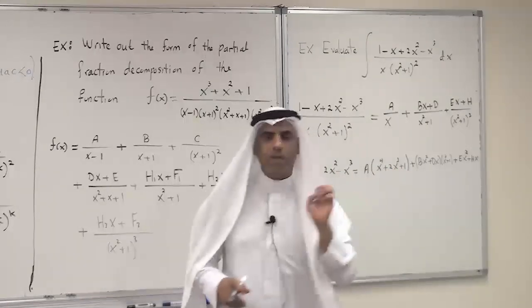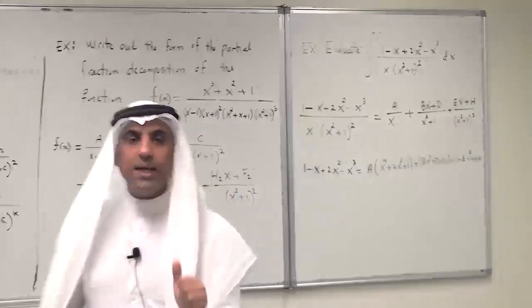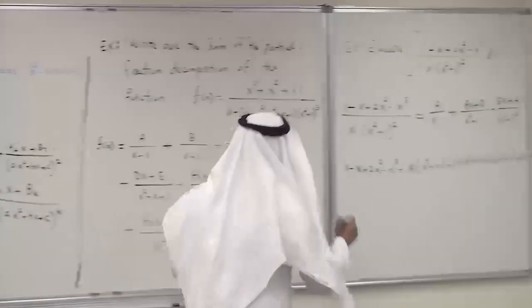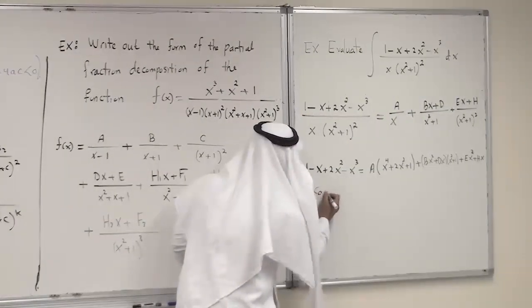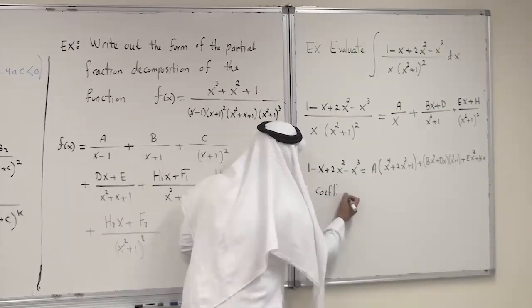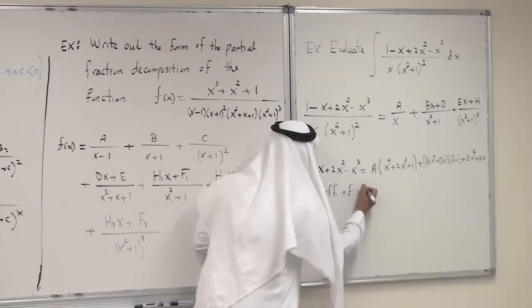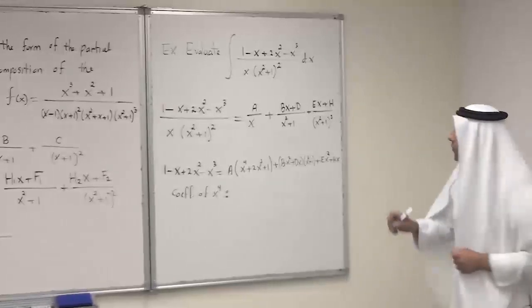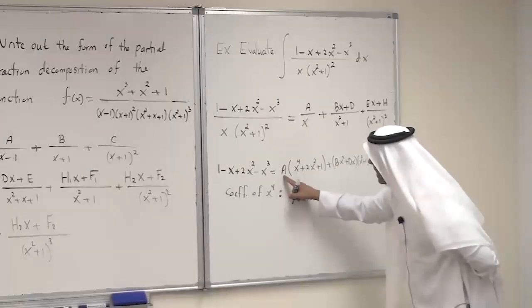These are equal, meaning they should be equal in degree and they should be equal in the corresponding coefficients. So what should we do now? I compare coefficients. So what is the coefficient, for instance, of x to the power 4? What is it equal to? Look at the right-hand side. I have here a times x to the 4.